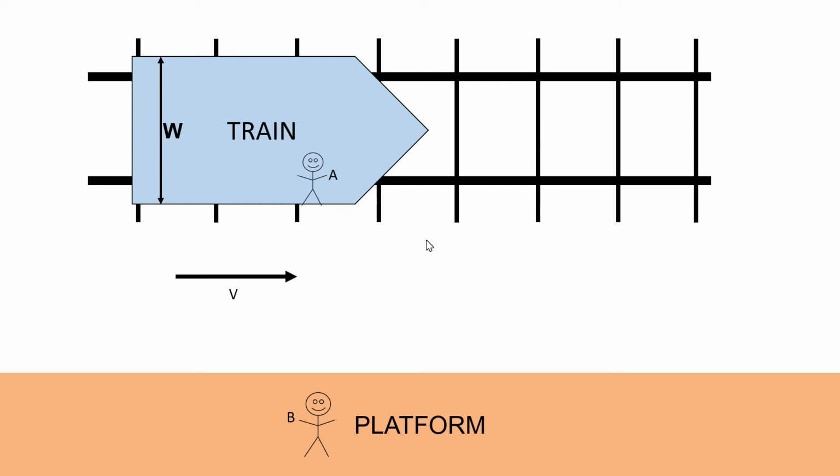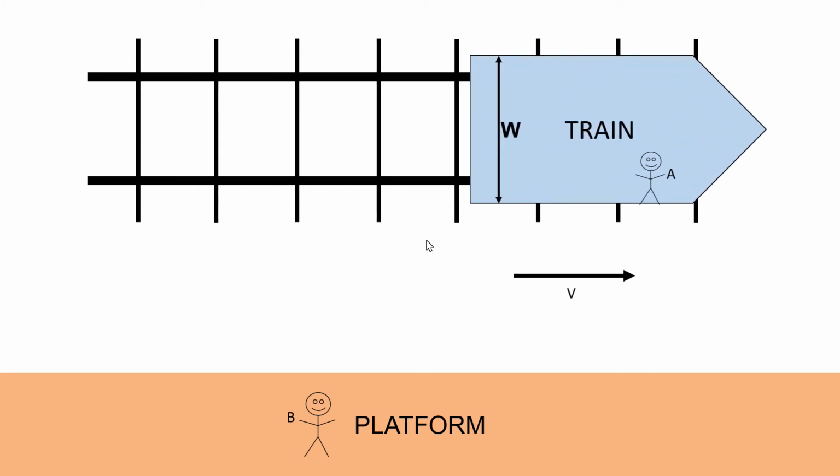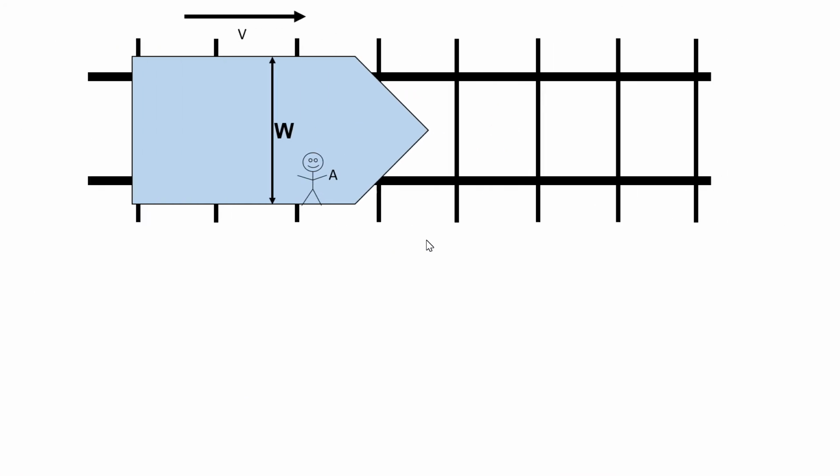We'll take a look at the famous thought experiment by Einstein. There is an observer A in the train and an observer B on the platform, and the train is moving at velocity v towards the right, with the width of the train being w. So how will time pass differently for observer A and observer B if the guy A in the train shoots a beam from one side of the train to the other side widthwise?